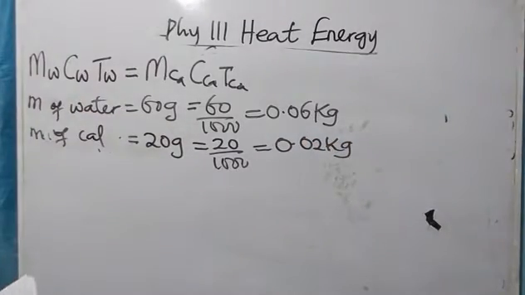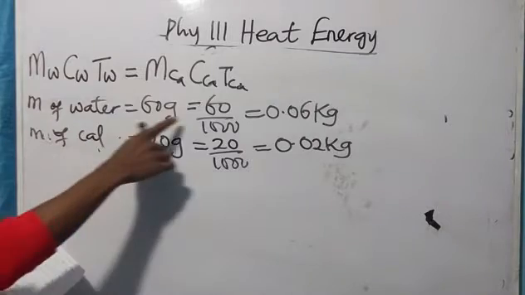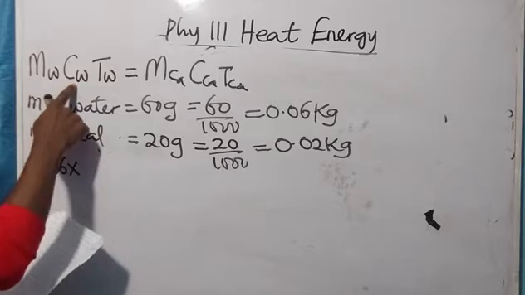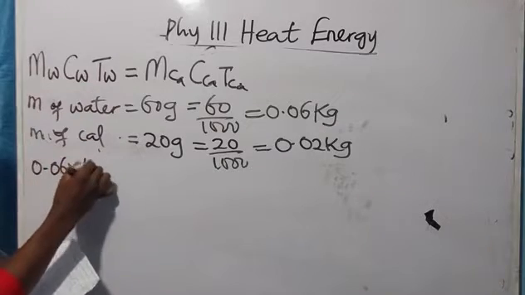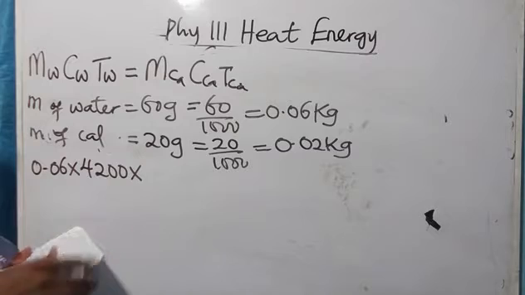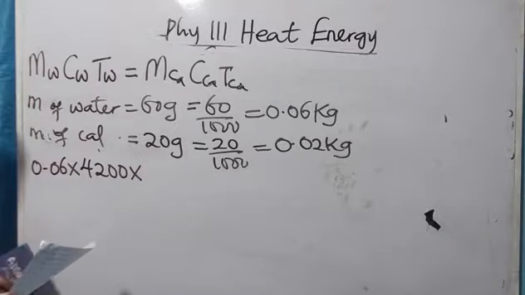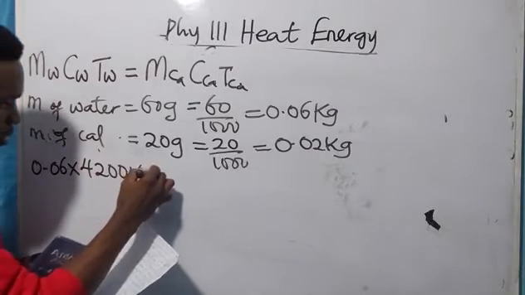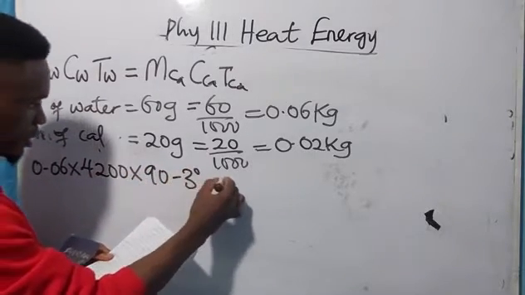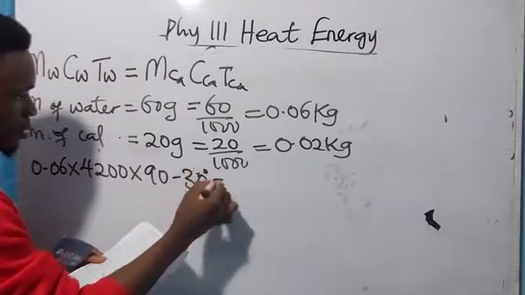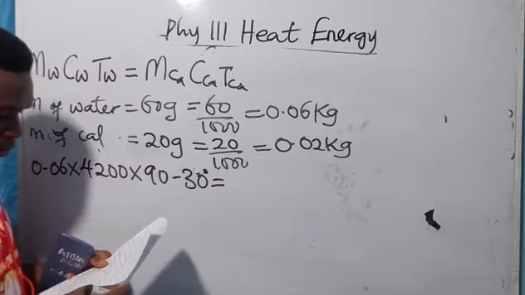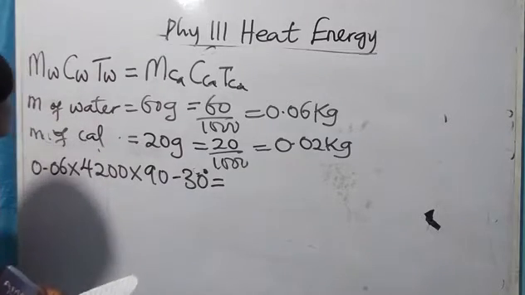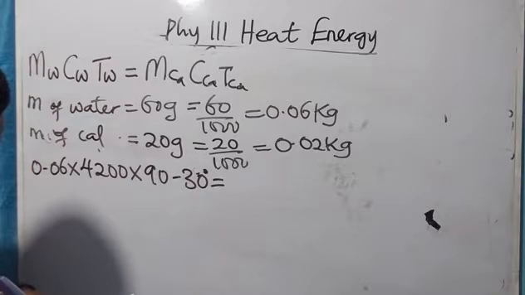So mass of water now becomes 0.06 times specific capacity of water, which is 4,200, constant. Then the temperature change. They said what I'm calculating for: the temperature of the mixture.